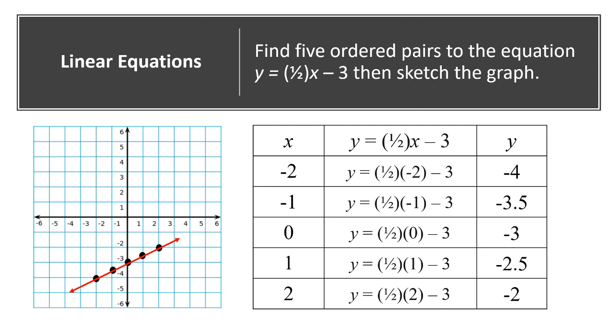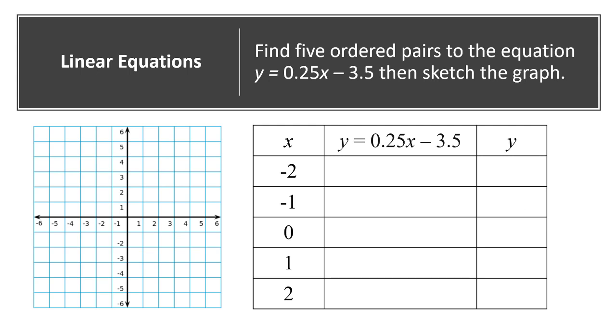Let's do another example. This time the equation is y equals 0.25x minus 3.5. Now as you start working with real data, most of the time your coefficients and constants, like this 0.25 and 3.5, are going to involve decimals. This makes it harder to graph by hand, but that is okay.